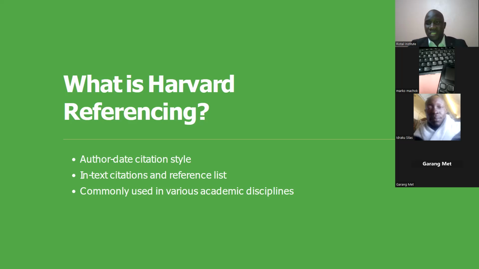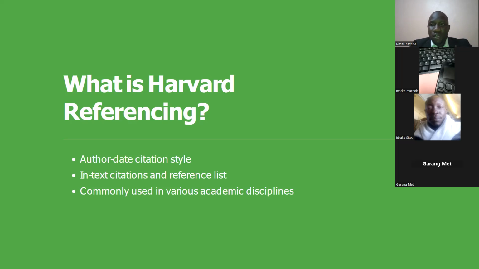So different universities usually adopt different referencing styles. You have universities that prefer the Chicago referencing style. We have the Vancouver, and then other types of referencing. WHO also has its own referencing style.